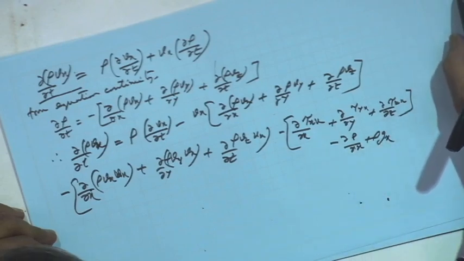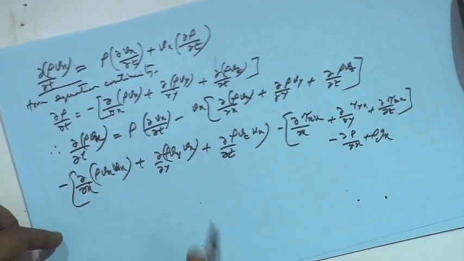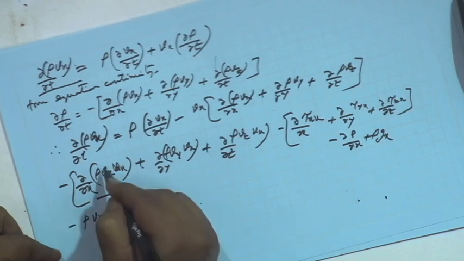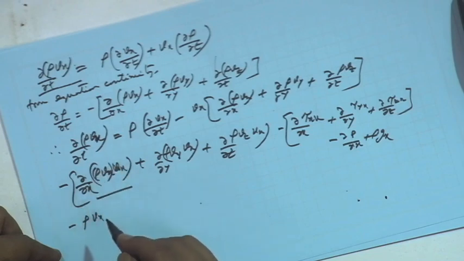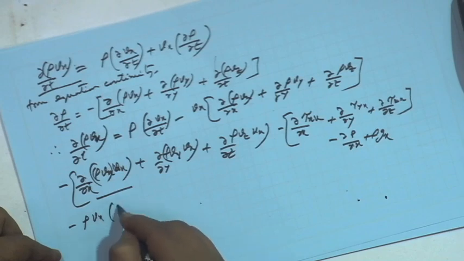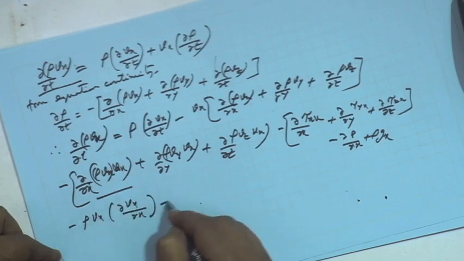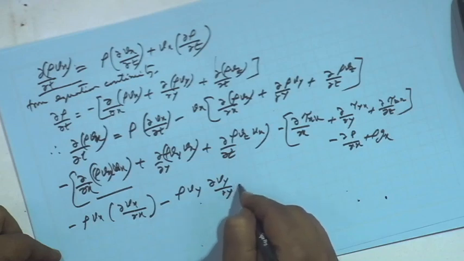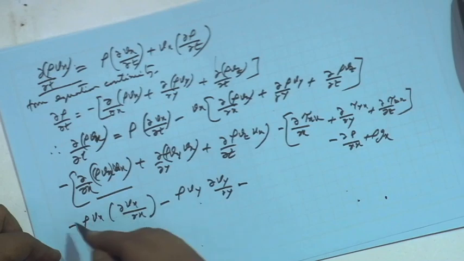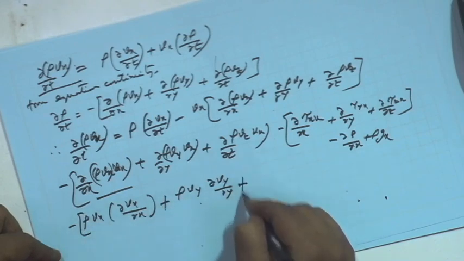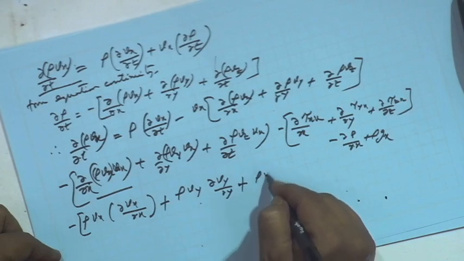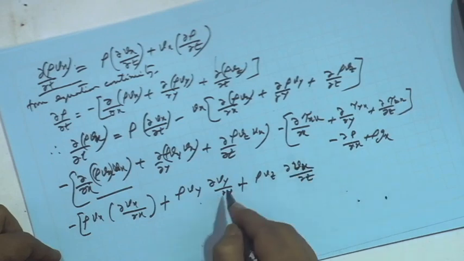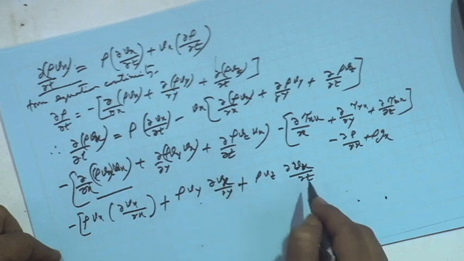So, this on further expansion we can write, this first term can be expanded like this, that minus rho Vx, if we take this as u and this as v, then minus rho Vx into del Vx del x, right, minus rho Vy del Vx del y, minus rho Vz del Vx del z, right.